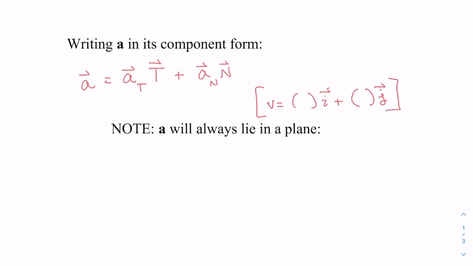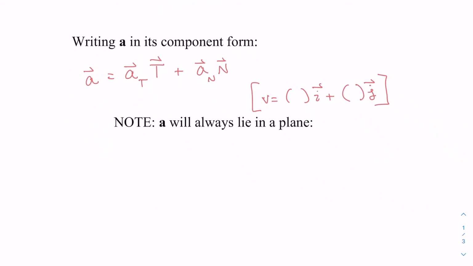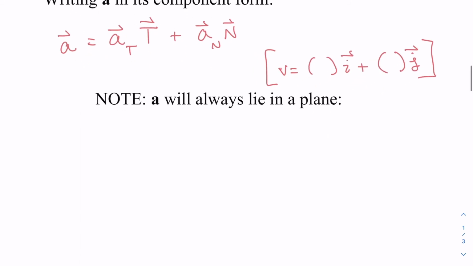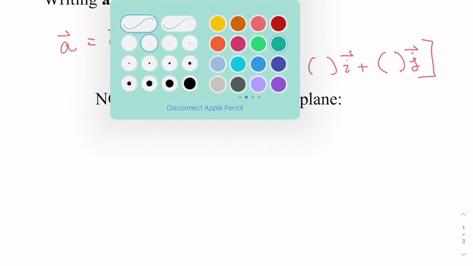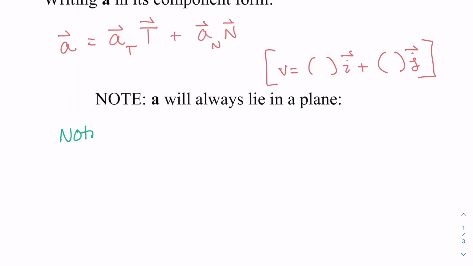And as a note, the acceleration will always lie in a plane. So notice the B vector from the T, N, B frame does not show up in a.